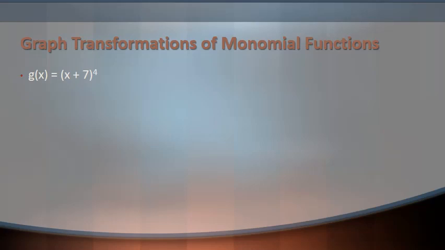So again, I'm looking at the leading coefficient, and I'm expecting the end behavior to be both going hands up, because it's an even function with a positive coefficient. And since this plus 7 is inside the parentheses, I'm expecting a transformation to the left along the x-axis.